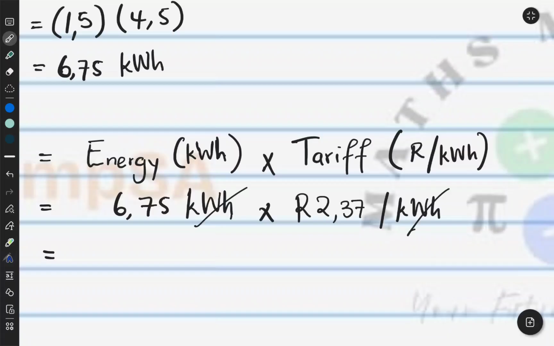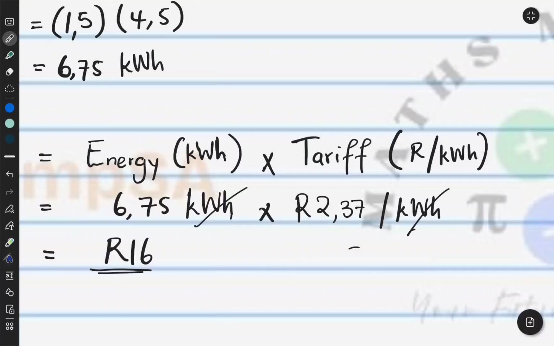So this is 6.75 times 2.37. I'll just say this is 16 rands because it's 15.9975, and usually we round off money to 2 decimal digits. So if you round off here, you just go to 16.